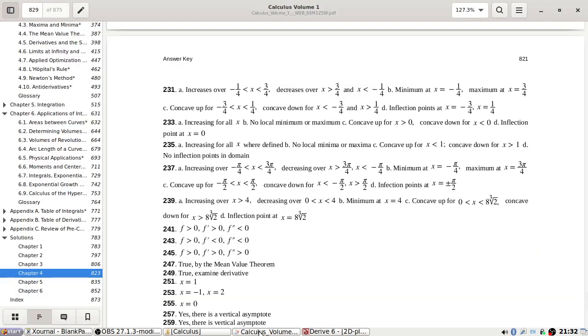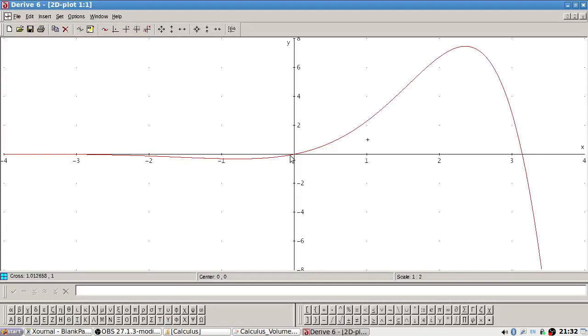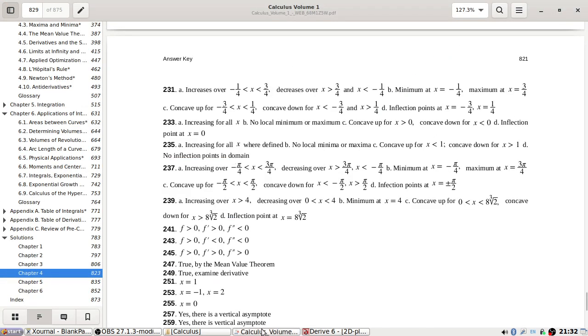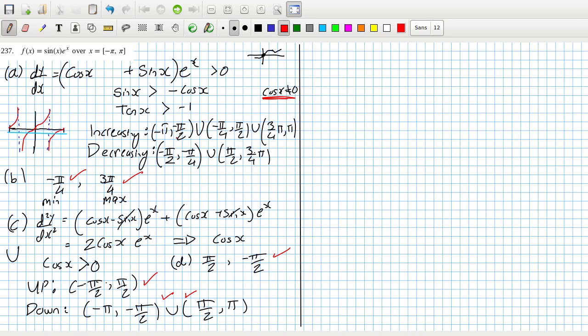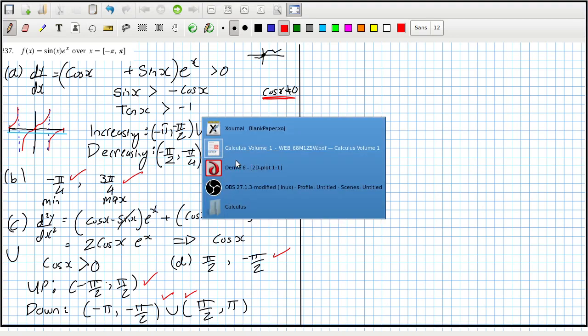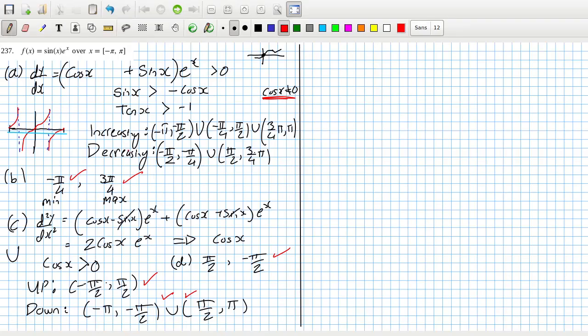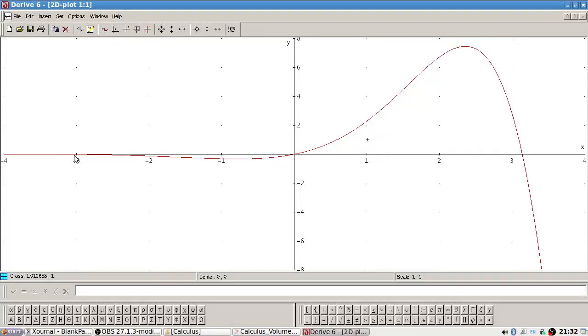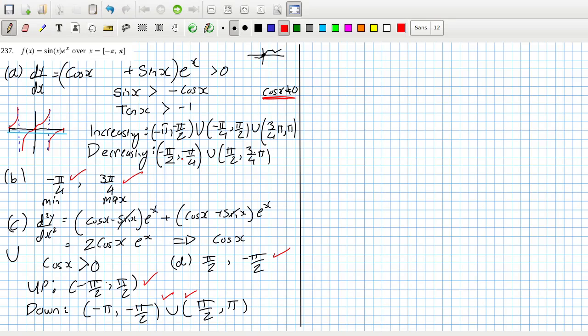So they're saying increasing from minus pi over 4 to 3/4 pi. How does that differ to what I said? I said increasing from minus pi to minus pi over 2.